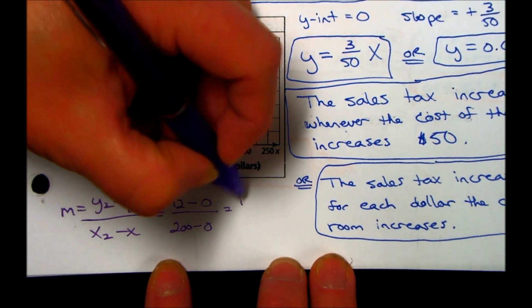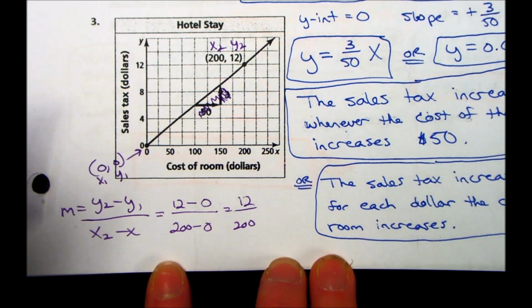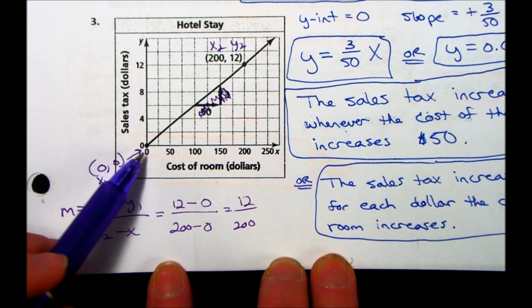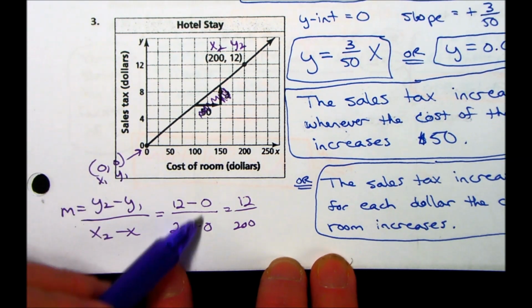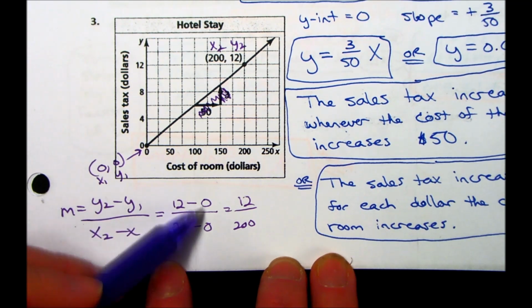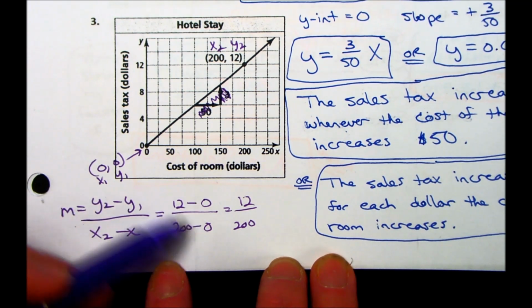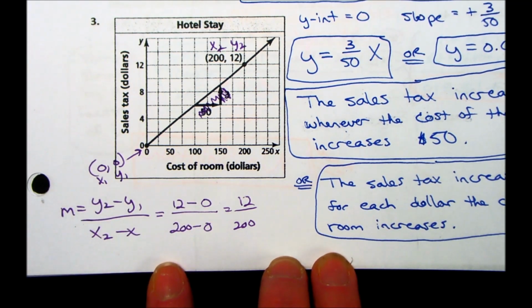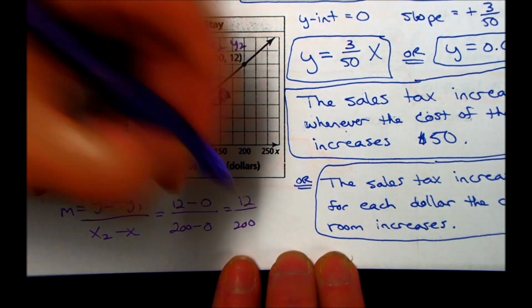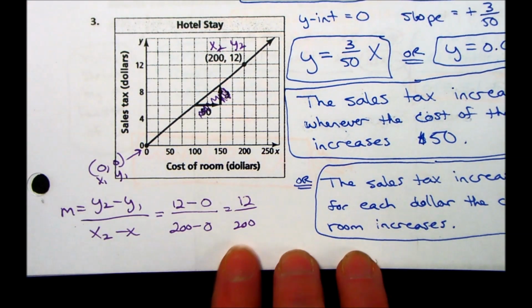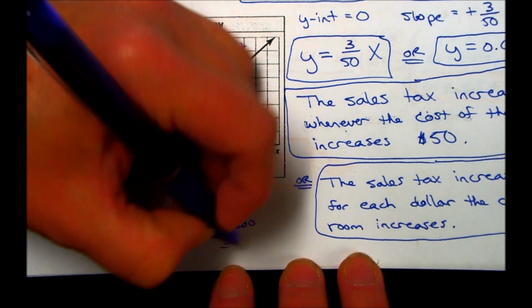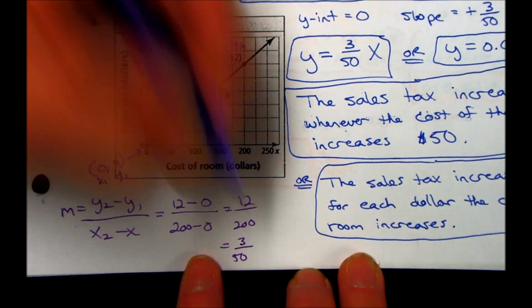So that would give me basically 12 over 200. When your y-intercept is (0, 0), and you're subtracting that and using that as one of your points to find your slope, that point really doesn't make any difference. So it ends up being 12 over 200, which reduces to 3 over 50.